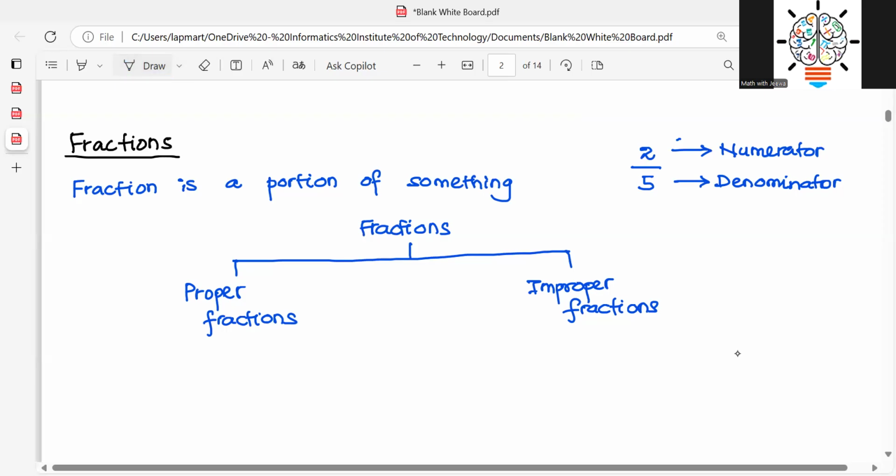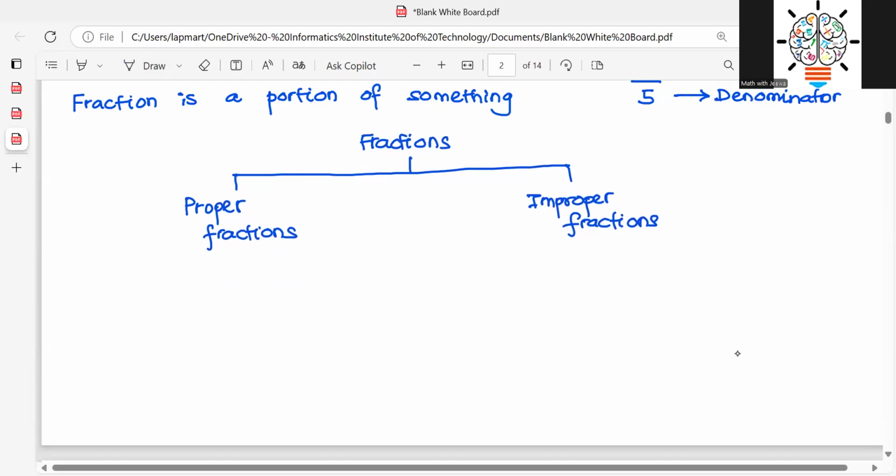So then we'll discuss what a proper fraction is. In a proper fraction, the denominator is bigger, right? And in an improper fraction, the numerator is bigger, right?